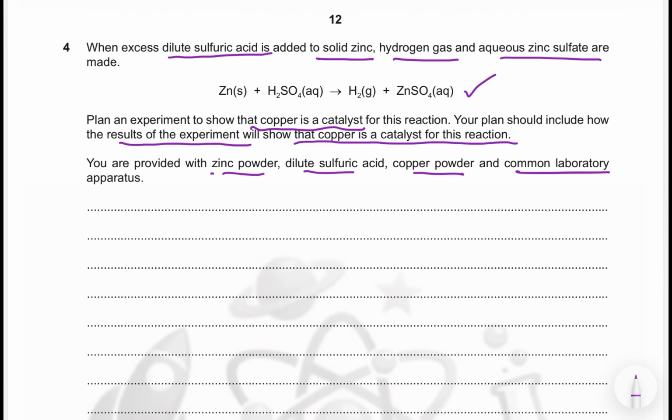Because hydrogen gas is released, we can use a gas syringe to collect hydrogen gas, and we can note down the time required to collect the gas or for completion of the reaction.